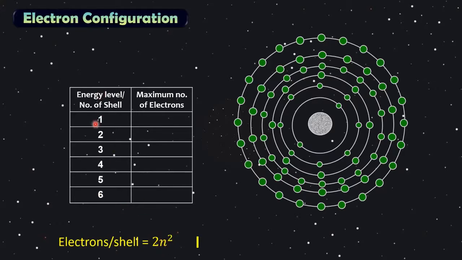If n is 1, that's 1 times 1 times 2, that is 2. When the energy level is 2, n is 2: 2 times 2 is 4, times 2 is 8. When the energy level is 3, that's 3 times 3, 9, times 2, 18, and so on. That's how we get the maximum number of electrons.